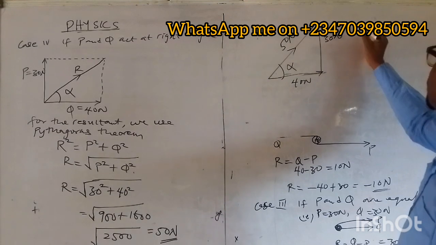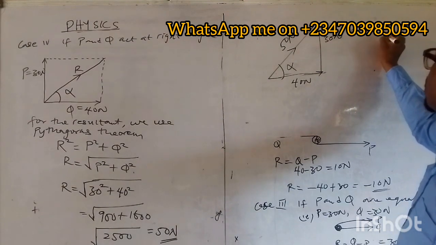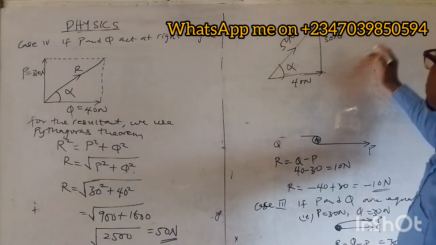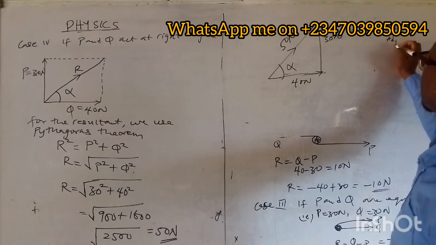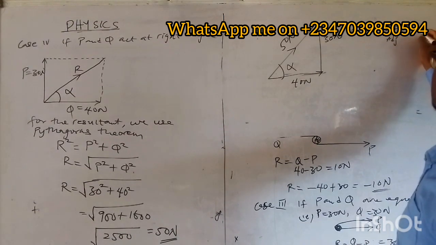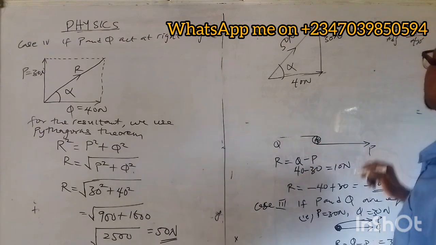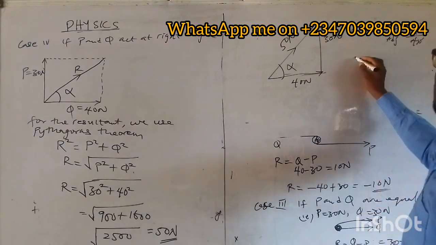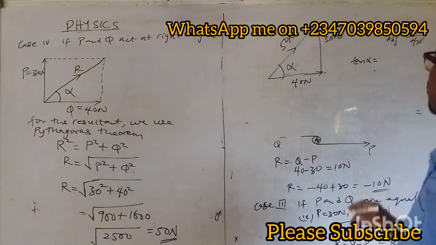So we now have tan phi is equal to, of course, tan theta is the opposite over the adjacent, which will give us the opposite, 30, all over 40. And of course, 0 can cancel 0. If 0 cancels 0, we now have that tan alpha is 3 over 4.